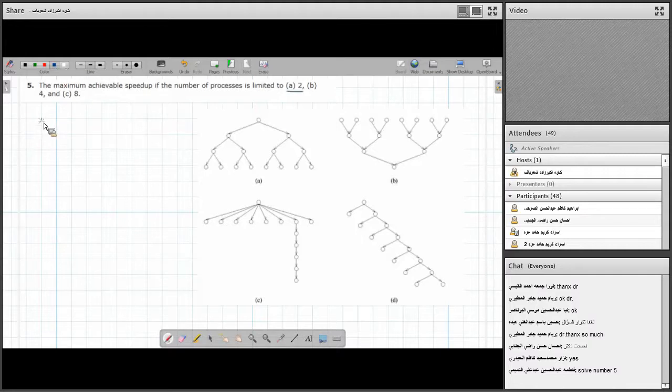I use color coding. Process 1 with blue, process 2 with red. Okay, we just have 2 processors, processor 1 and processor 2, blue and red.